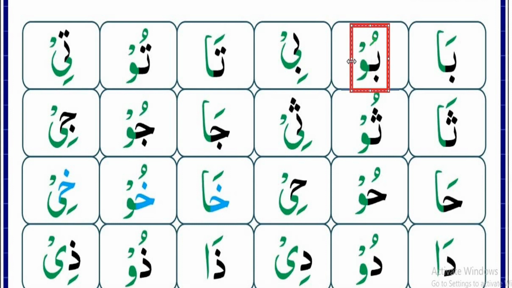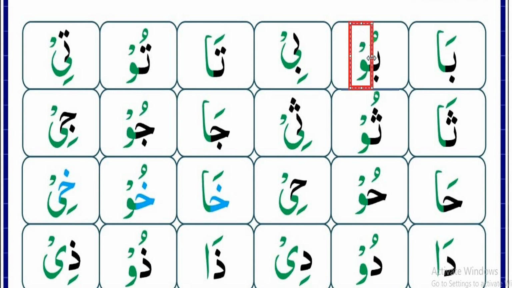Waw sakin is this letter, and a sakin letter is the letter which has this sign on it. This sign is basically called sukoon or jazm, whatever you call it. So let's just call it sukoon. The sign is called sukoon, and the letter which has this sign on it is called a sakin letter. So this one is waw sakin.